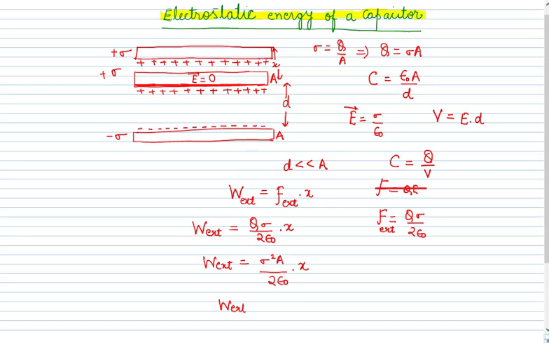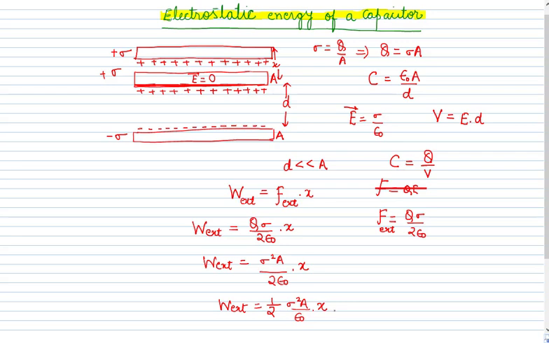So we get the work done externally as half of sigma square A upon epsilon naught into x. Just remember here that the force applied is not equal to QE, since we have taken an average, so it is always QE upon 2.